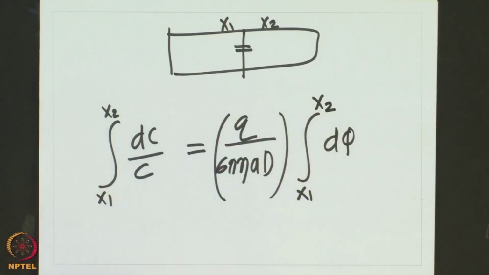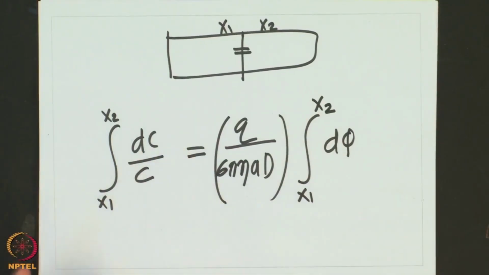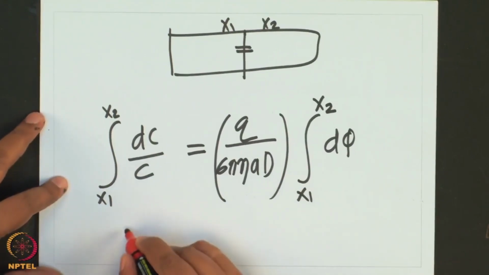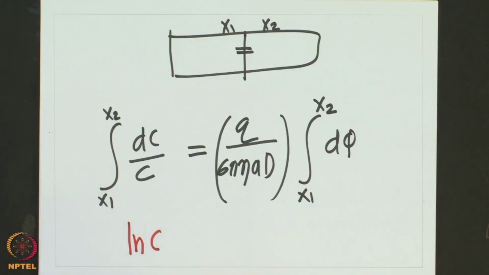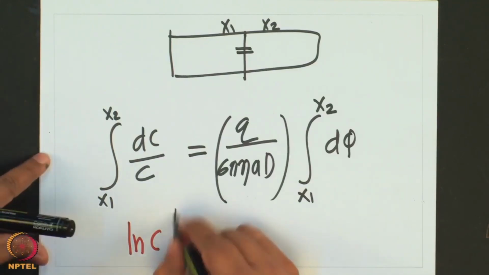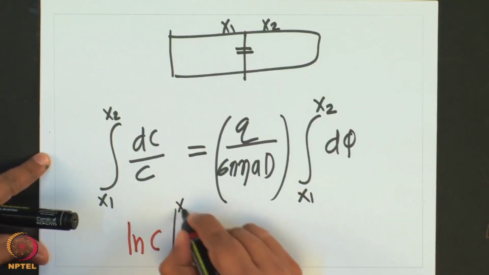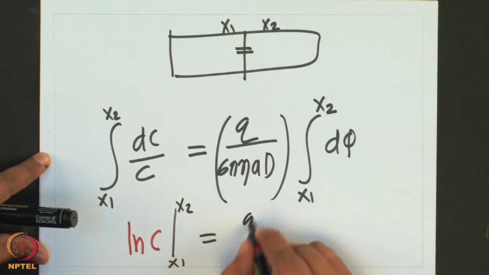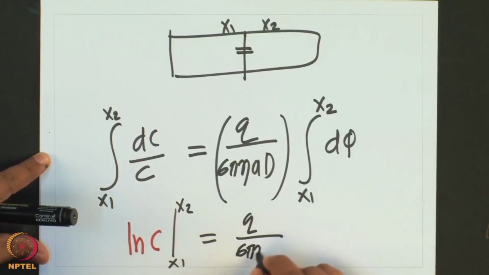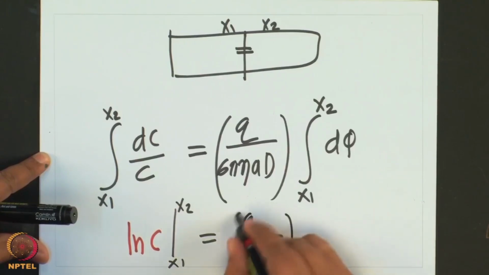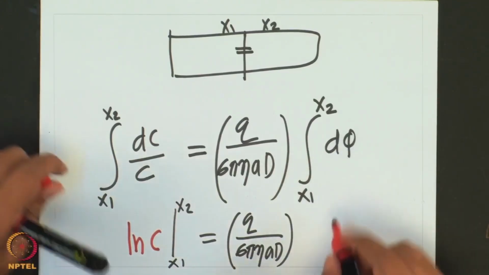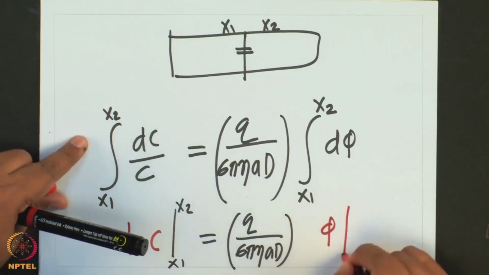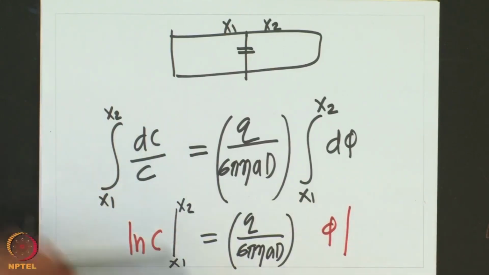So if I integrate this, 1 over C integral is log C. So this is log C in the limit x1 to x2 is equal to q by 6 pi eta a D as it is, and this integral is just phi in the limit x1 to x2.